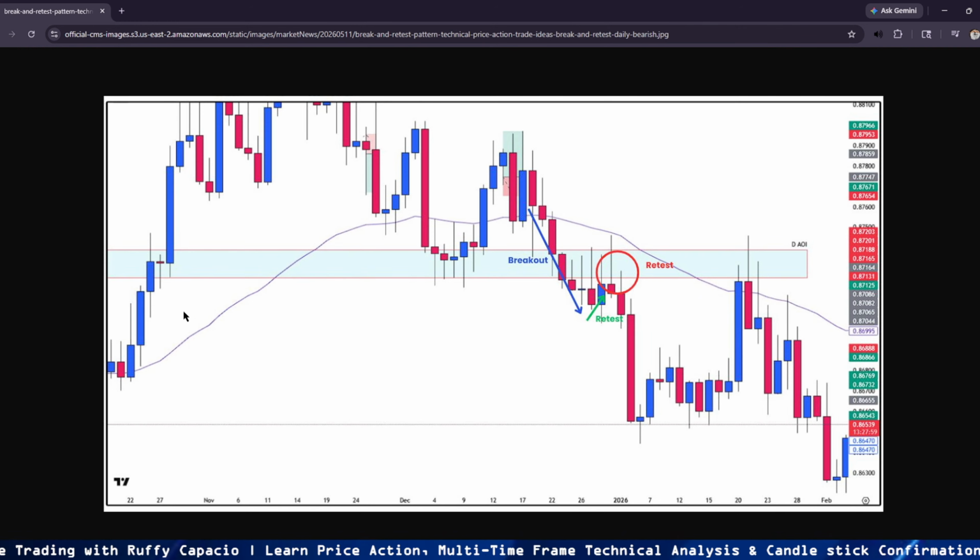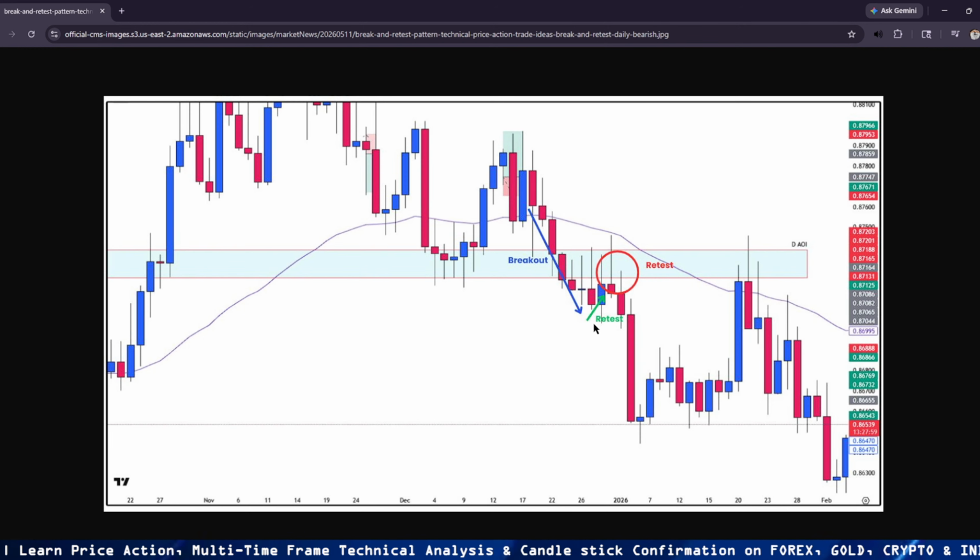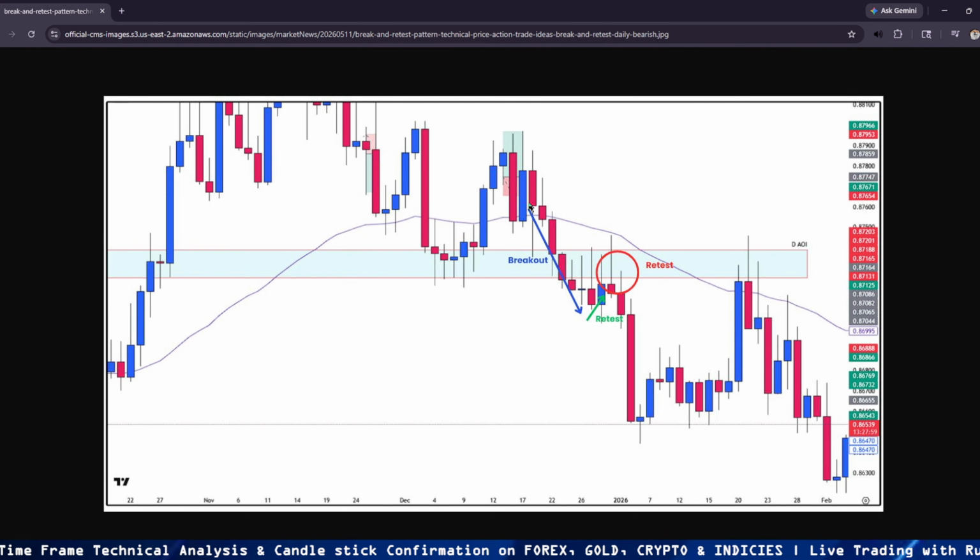If you got it, it's just simple. Right exactly on this break of this support zone, it could act as a retest. Same logic as the bullish break and retest: on the bearish scenario, you wait for the breakout of the support so that it could act as a resistance.